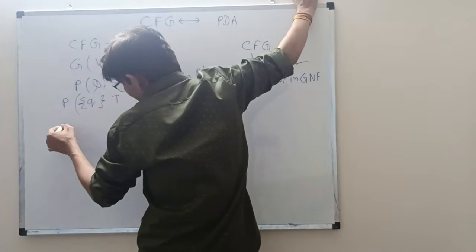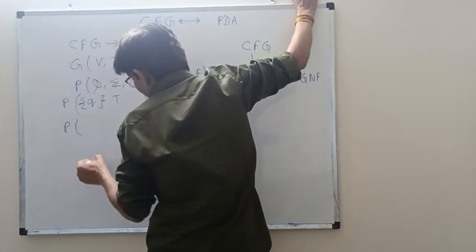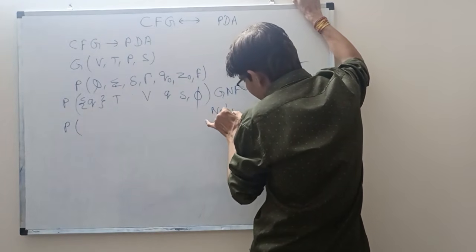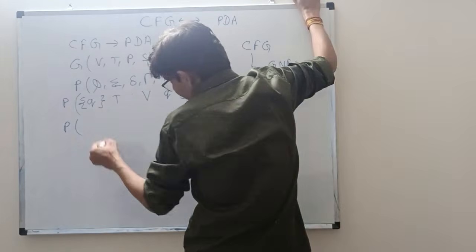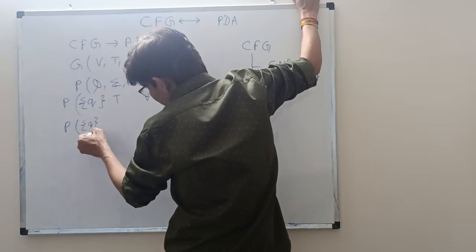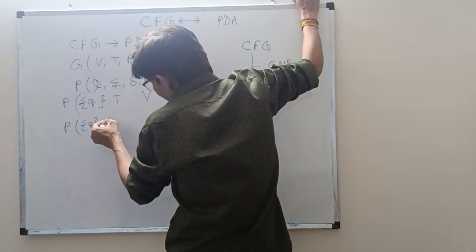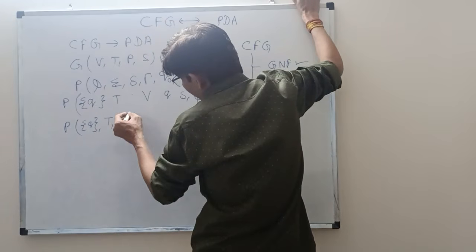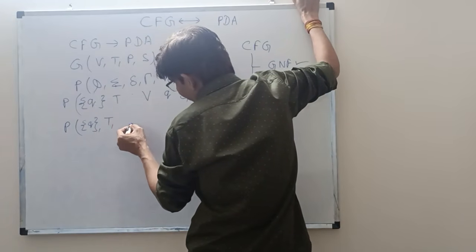Now I can write again all seven tuples when the grammar is not in GNF. So again we will use only one state, so this would be Q only. Then terminals would be input symbols of the PDA. Then delta we will define later.